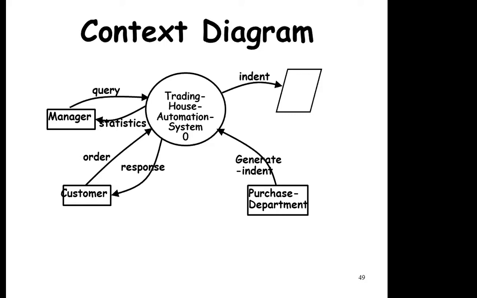I have given you the whole PPT with all the levels, level 0, level 1, level 2 of this trading house automation system. But before looking into that PPT, I would like you first to read the problem statement, and then try to make the different levels of DFDs yourself.